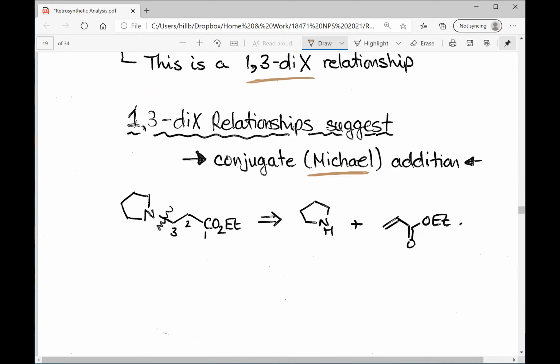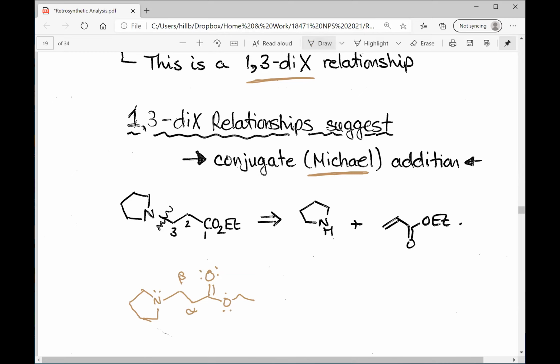So if this is our example, we've got a pyrrolidine ring plus an ester. If we draw this out, here's our ester, alpha carbon, beta carbon.